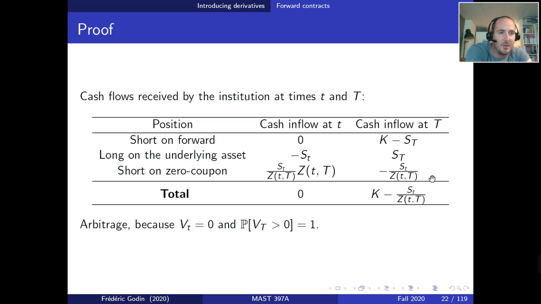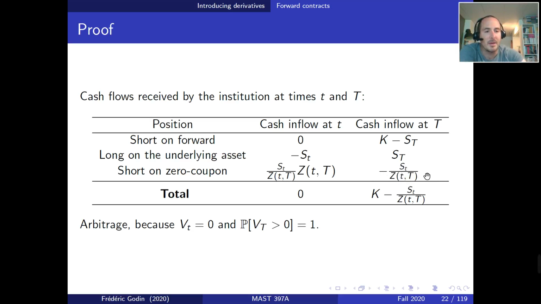Because if you purchase on the market at time capital T a zero coupon which pays exactly $1 right now, then the value of a product which pays $1 right now is $1. So the price at time capital T of zero coupons must be $1 per share, and the number of shares you must purchase is S_T divided by Z. To purchase back all shares of zero coupon, you must pay, the minus sign is because you pay, the number of shares times the price of the shares, but the price of the shares is equal to 1.